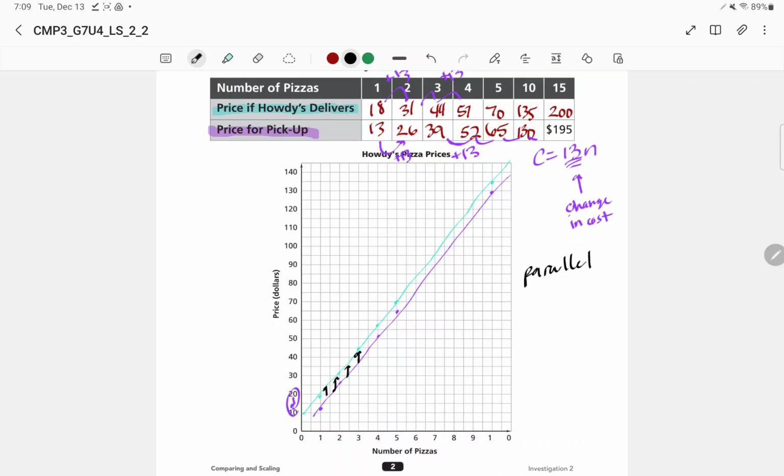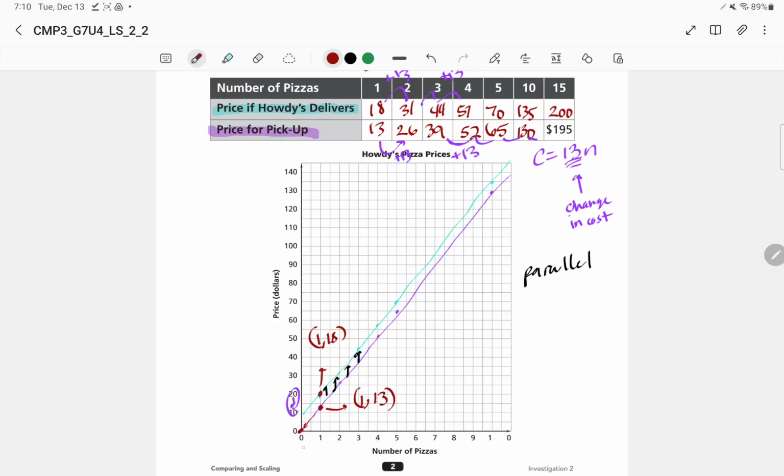And then for each graph, which coordinate pair represents how much 1 pizza costs and how much 0 pizzas cost. For 1 pizza, the correct coordinate pair would be these right here, this one and this one. So right here for 1, it was at 18. And here for 1, it was at 13. And then for 0, this line would continue to be right there.